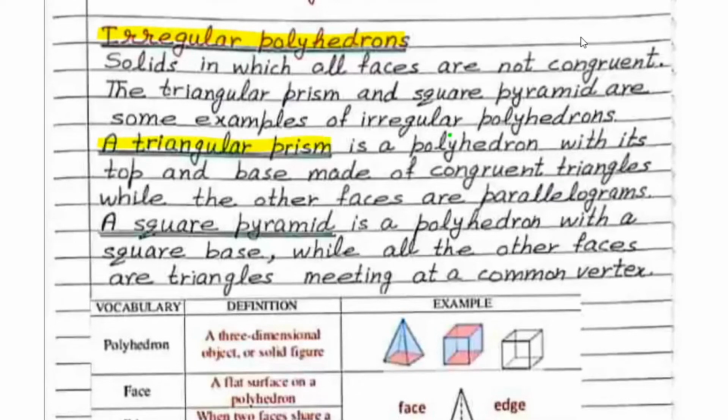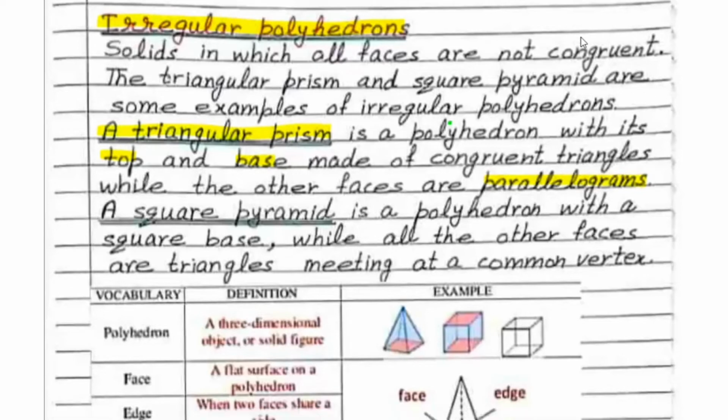A triangular prism is a polyhedron with its top and base made of congruent triangles, while the other faces are parallelograms. Is it clear? A square pyramid is a polyhedron with a square base, while all the other faces are triangles meeting at a common vertex. I hope you all have understood this now.